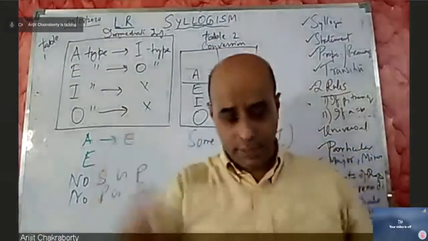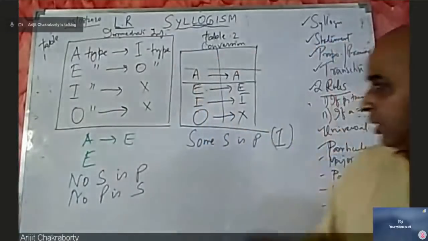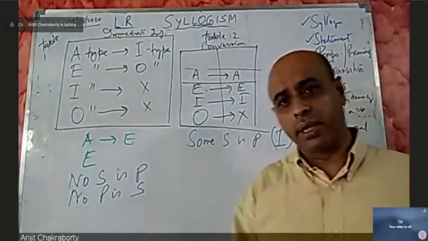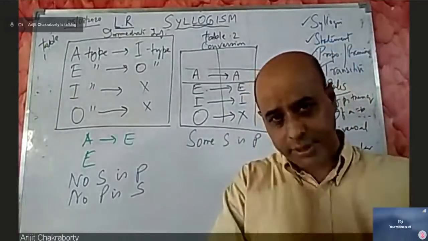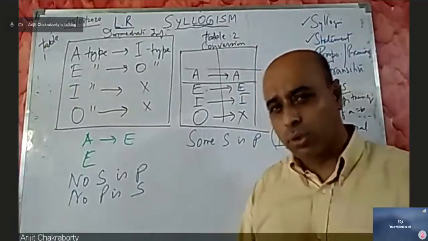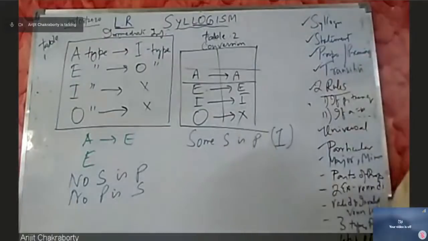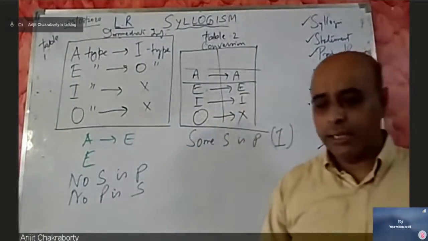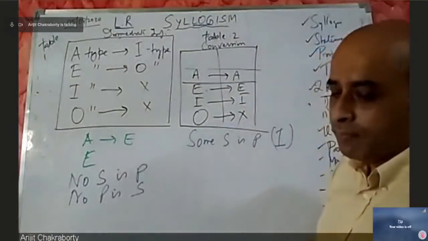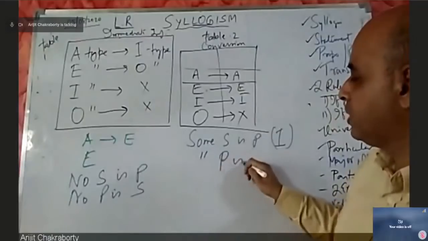Please remember once again, see your notes: A, E, I and O. Positive and particular is I type. Particular and negative gives you O type. So for some S is P, the conversion will be from I to I. The conclusion will be some P is S.